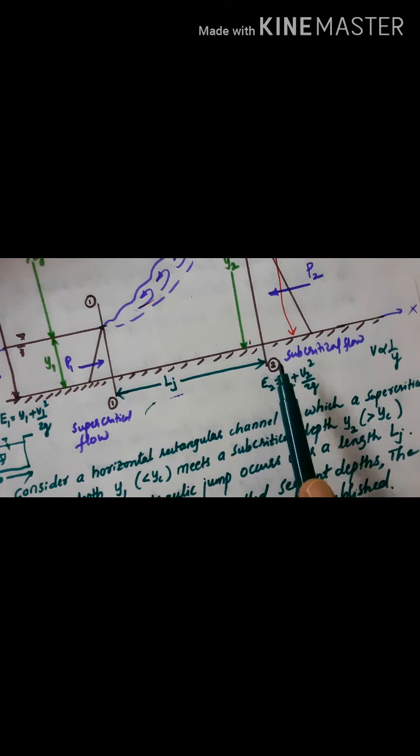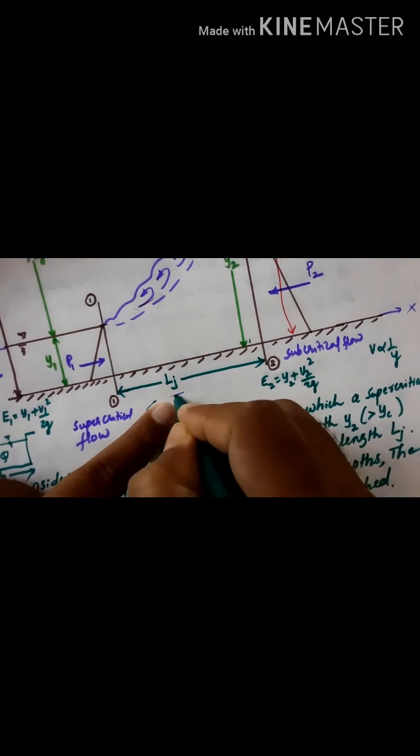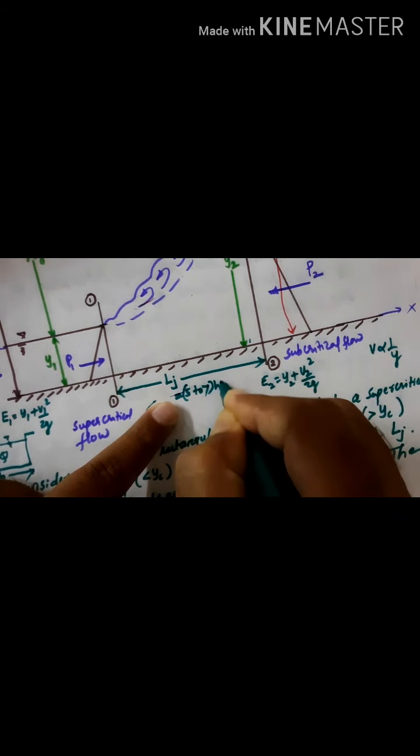For a rectangular channel, from experiments it has been found that this length of jump is equal to 5 to 7 times of height of jump.